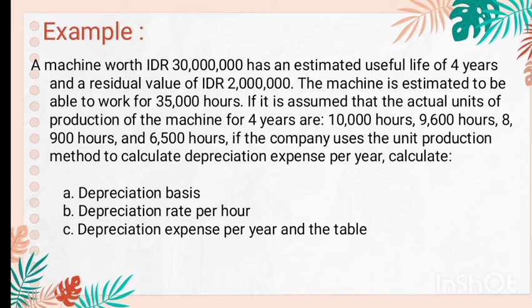Okay, next, for the example, a machine worth 30 million rupiah has an estimated useful life of 4 years and a residual value of 2 million. The machine is estimated to be able to work for 35,000 hours.